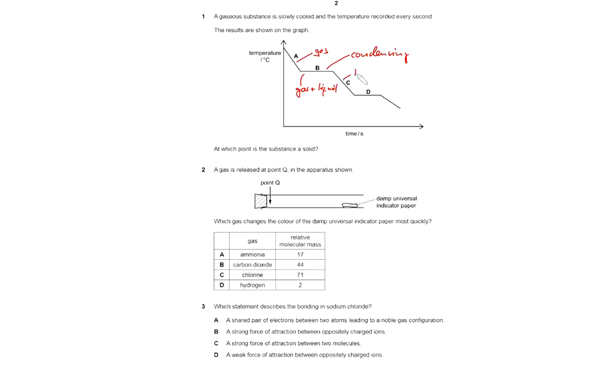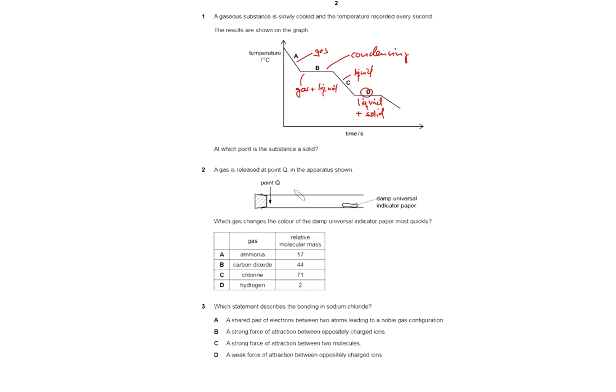So right here we have a liquid, and then in D we have partially liquid and solid. So that means at D the substance is at least partially a solid.